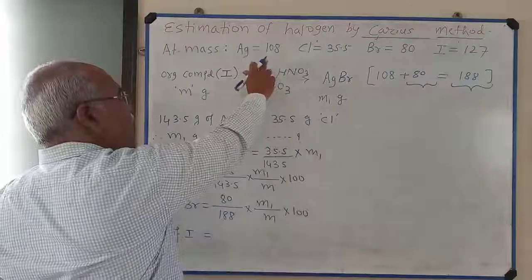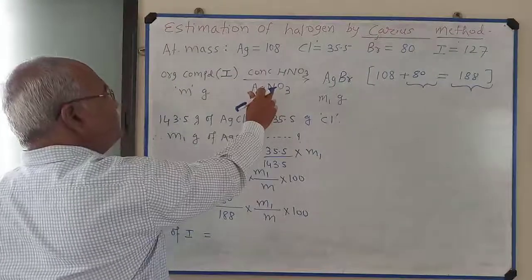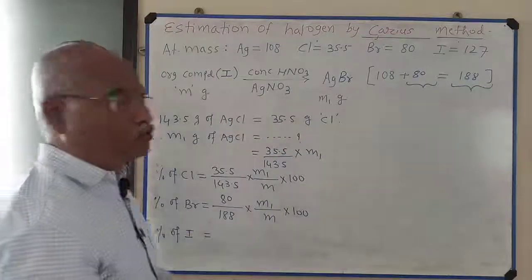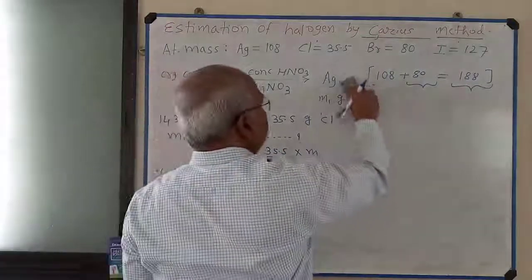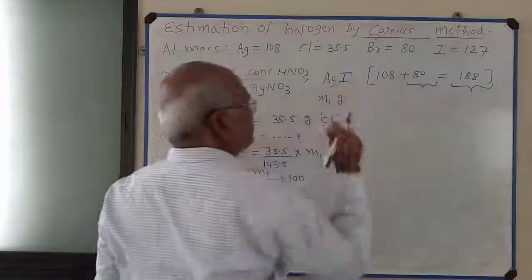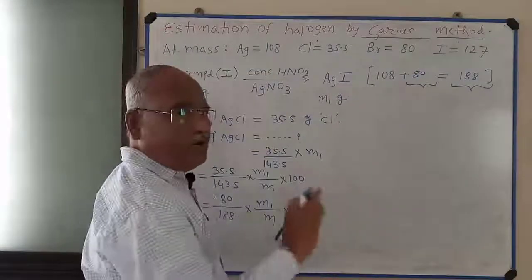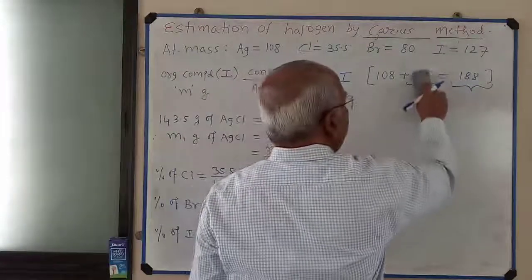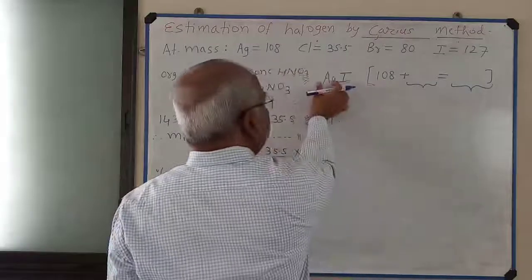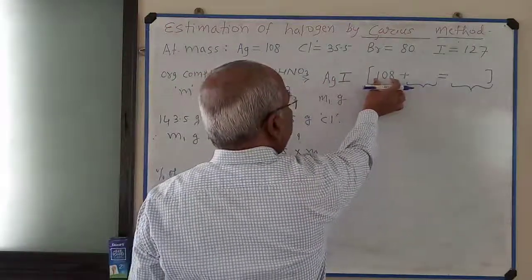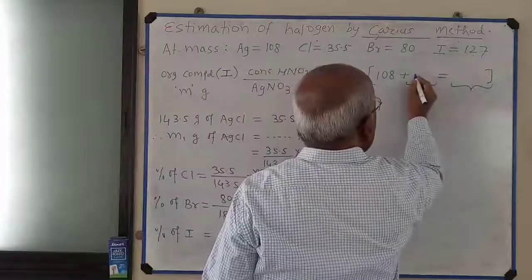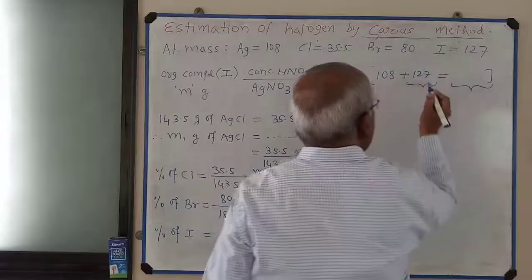When it is heated with concentrated nitric acid and silver nitrate solution, it is converted into silver iodide. Calculate the molar mass of silver iodide. Atomic mass of silver is 108. Atomic mass of iodine is 127.